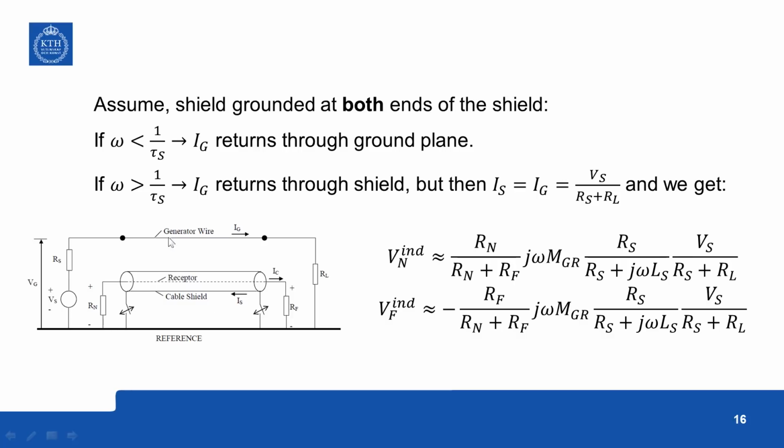I mean, here we are doing this analysis in terms of a cable shield. But you can have other conditions also. Say for example, in electrified railways, you have high frequency components superimposed on the traction currents, and the rail is supposed to be the return path in that case.